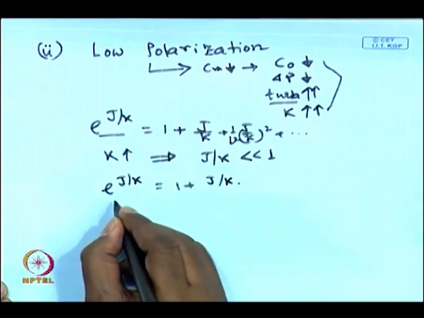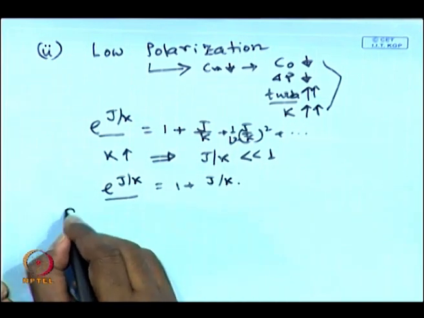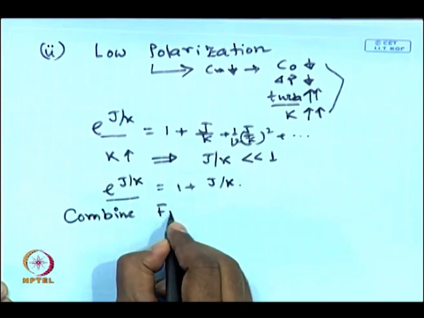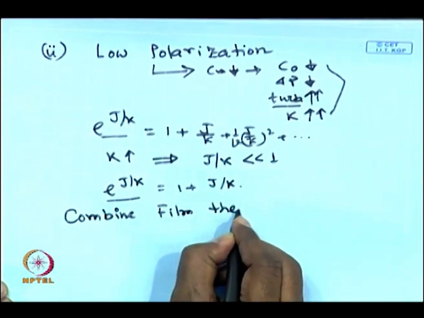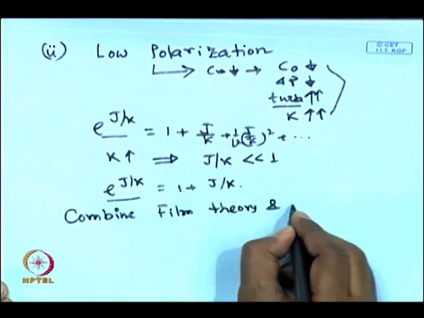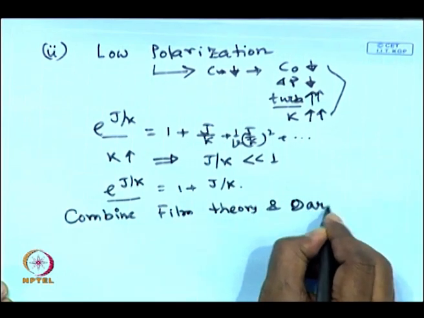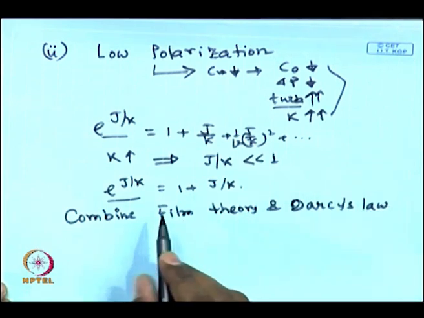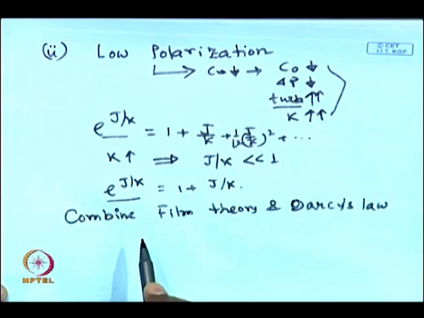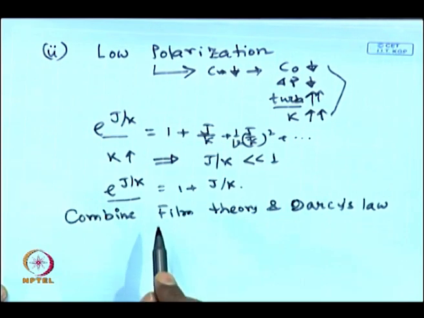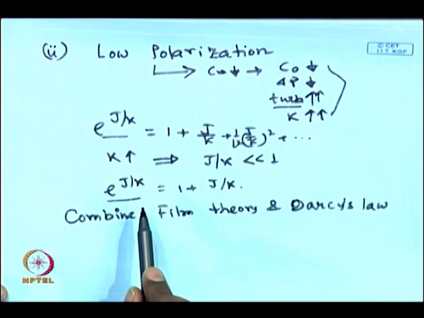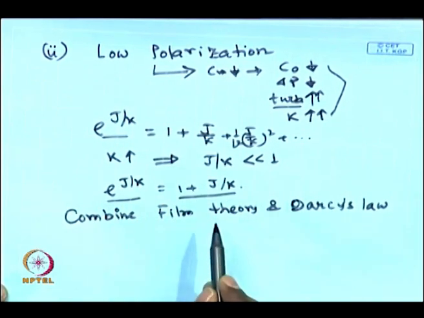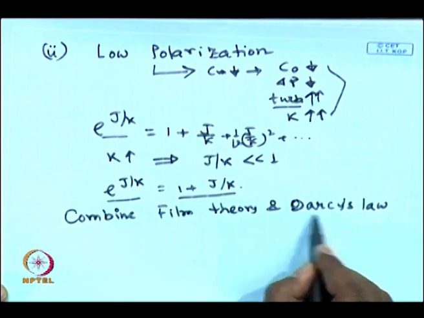Under this condition, one can combine film theory and Darcy's law. In the expression of the film theory, you have Cm minus Cp divided by C naught minus Cp equal to e to the power J by k, and instead of e to the power J by k, one can put 1 plus J by k, and you have Darcy's law.